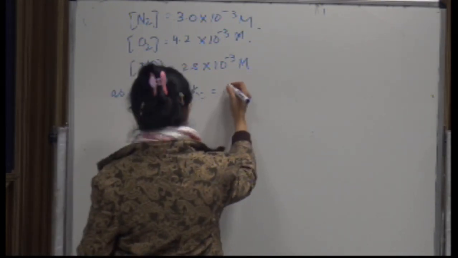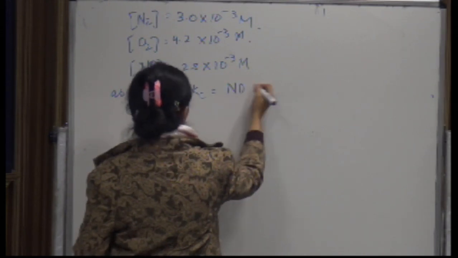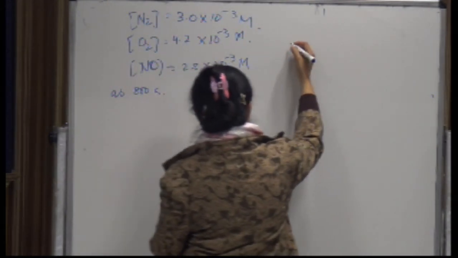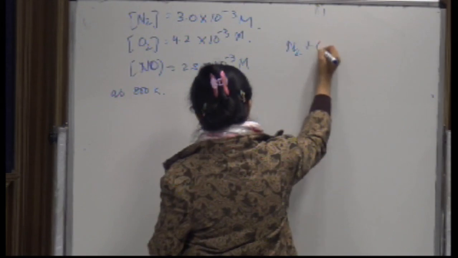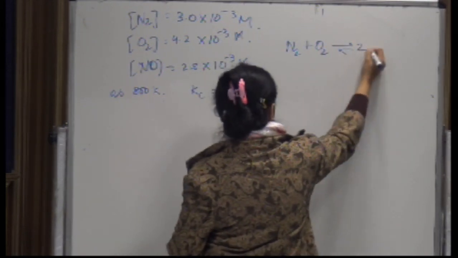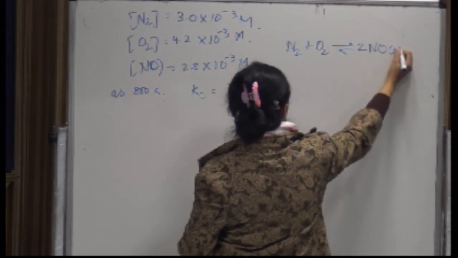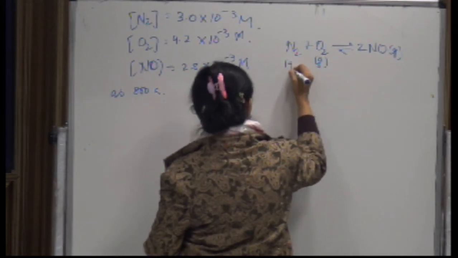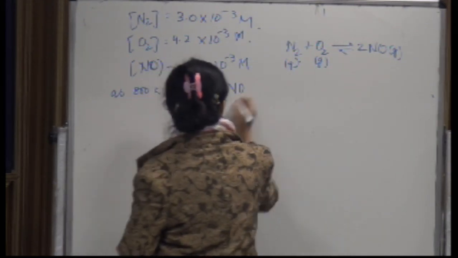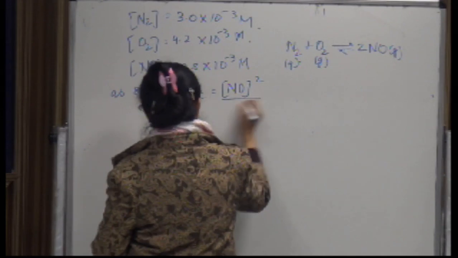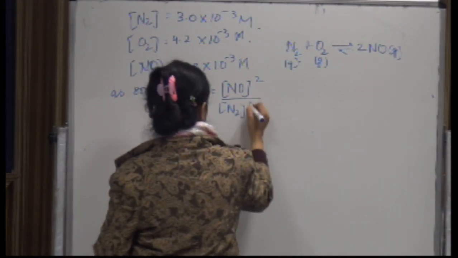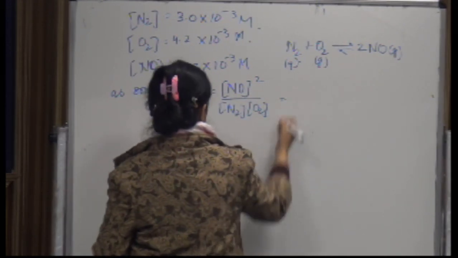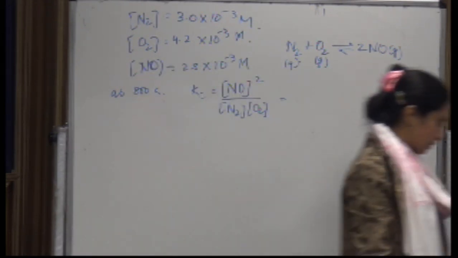Now Kc for which reaction? You have the reaction as N2 plus O2 giving 2NO, all of which are in the gaseous form. So you will have Kc is equal to NO square upon N2 into O2. It's easy once you write down the reaction, and just calculate it and tell me what it will be.